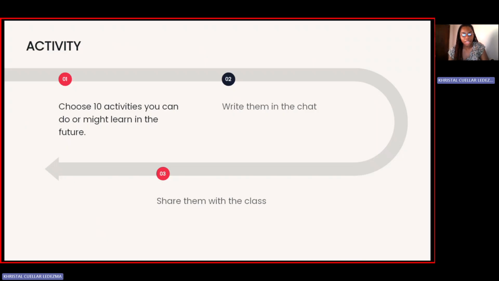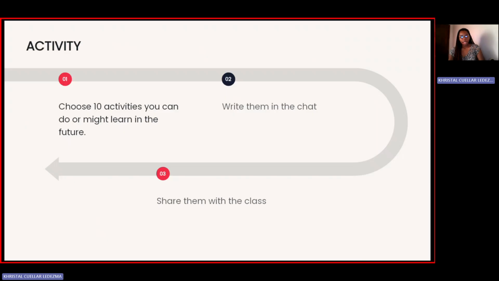Right now, this is the activity. Choose 10 activities you can do or might learn in the future. Write them in the chat or share them with the class. The objective of this activity is for students to think about some activities that they feel like they can do or might learn.